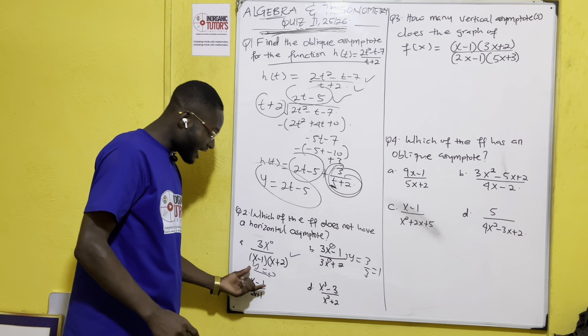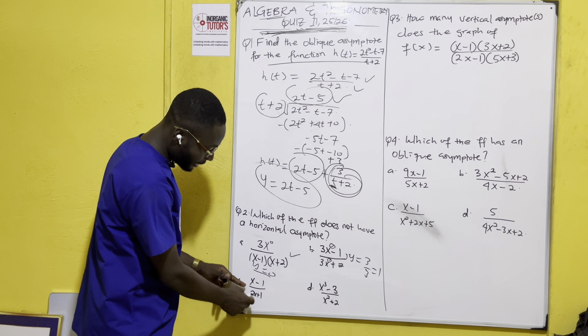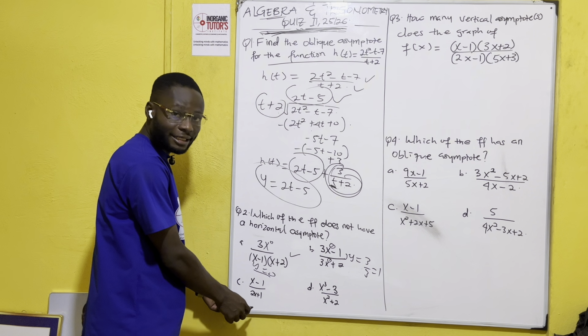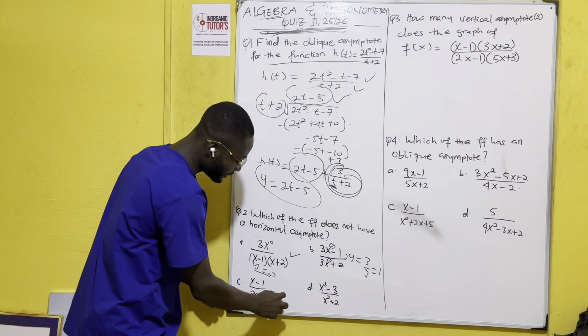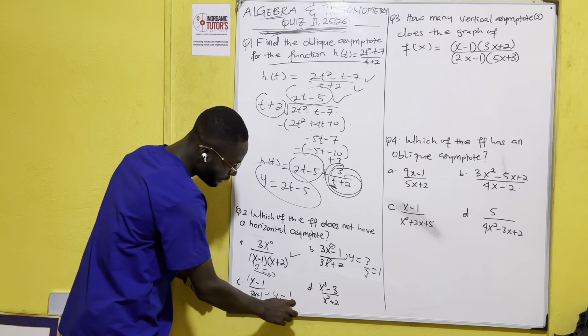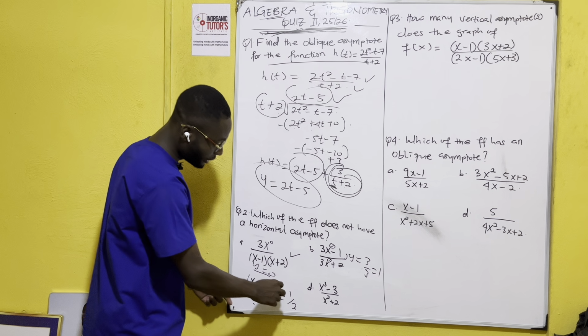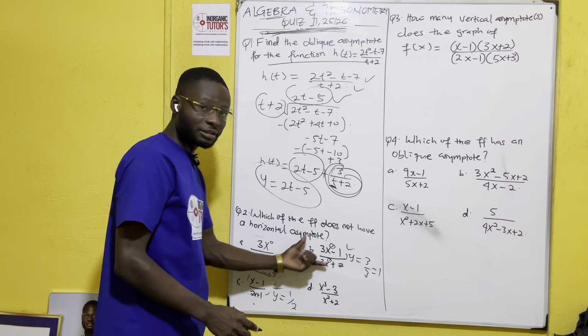Now, the third one is option C. We have x minus 1 divided by 2x plus 1. The degrees are the same, so we find the horizontal asymptote by comparing the coefficients. So we have 1 over 2 for the horizontal asymptote. So this also works. So it means the three options hold.